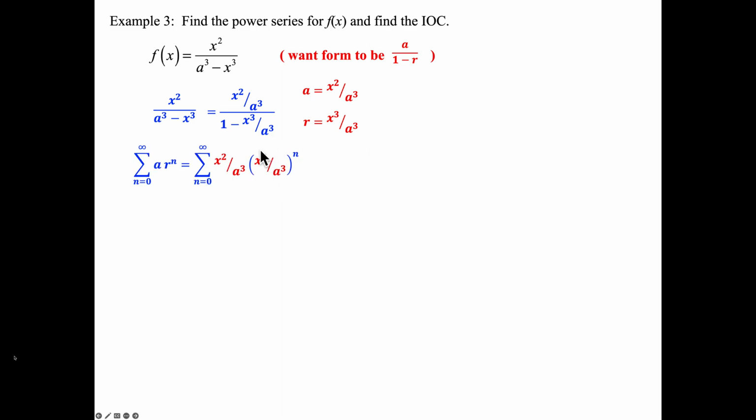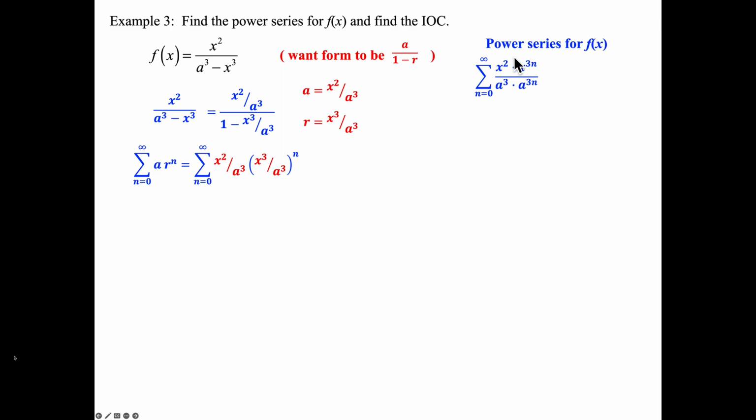Put that a and r into our summation notation. And here we're definitely going to have to do some manipulating because we want to combine this x squared with what's happening over here. So I'm going to have x squared over a cubed times x to the 3n power, multiply the n to this 3, multiply the power of 3 here on the bottom, so a to the 3n on the bottom.